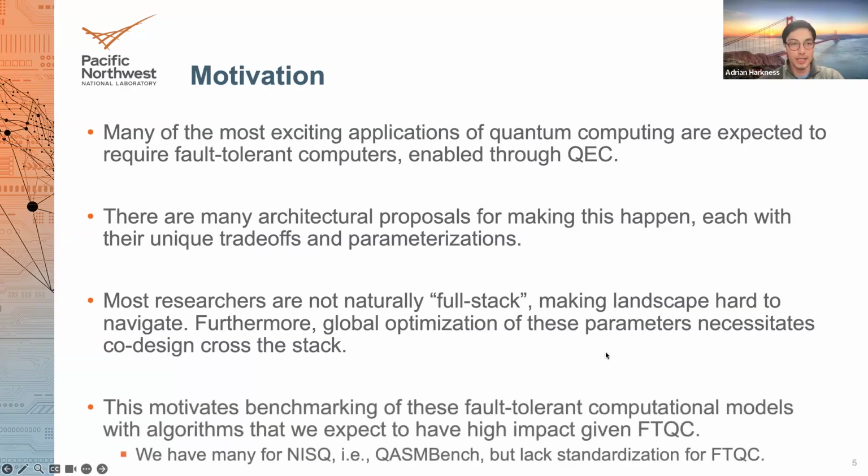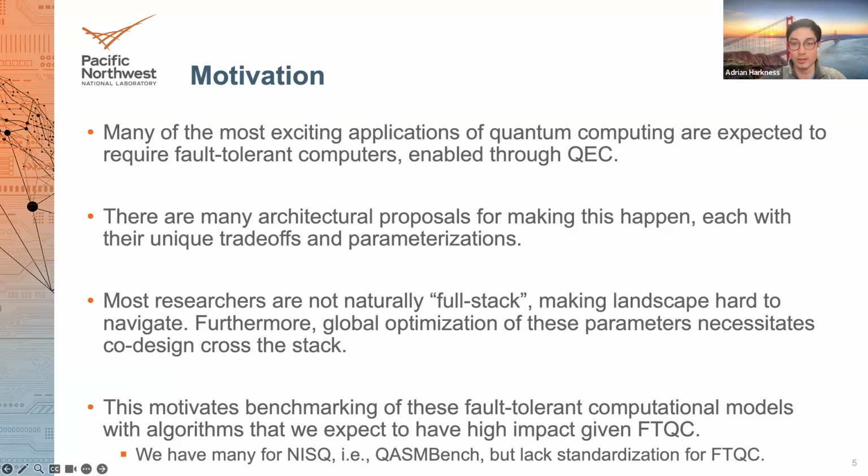And yeah, so this motivates our work here, and basically motivates benchmarking fault-tolerant computational models, especially with algorithms that we expect to have high impact in the fault-tolerant era. Now, we have many benchmark suites designed for the NISQ era.